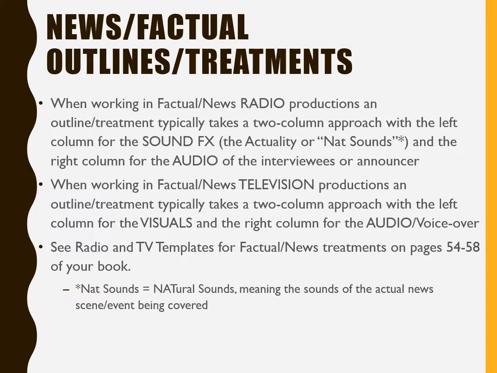When you're doing television productions, an outline treatment typically takes a two-column approach, with the left side for the visuals, right, and the right column for the audio voiceover. You can see templates like this in your book. We're focusing mostly on the narrative fictional production for our class project, but these are also aspects of broadcast production that I want you to think about.